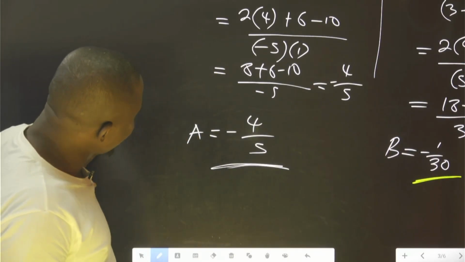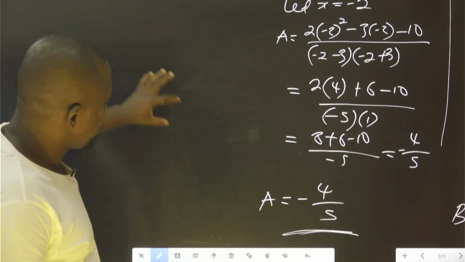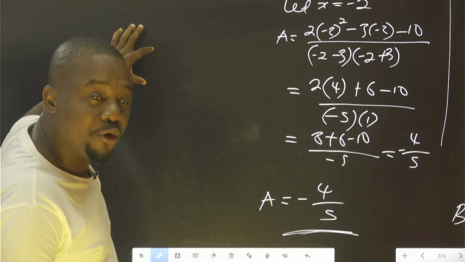Let's pick each of these and substitute. The first one is a equals minus 4 over 5.